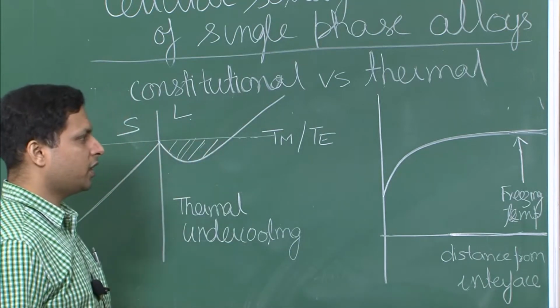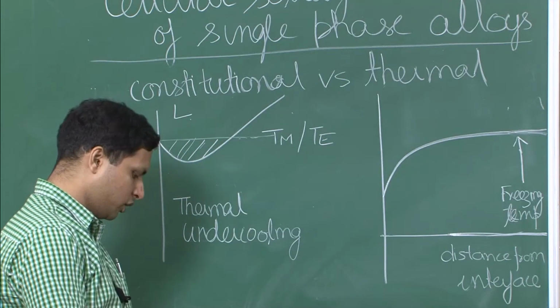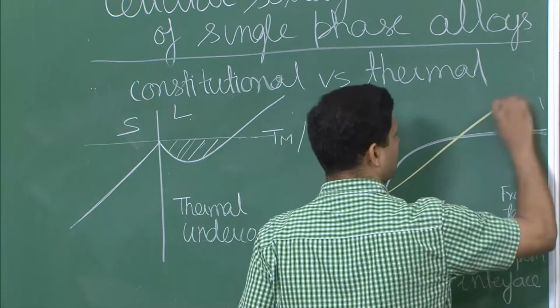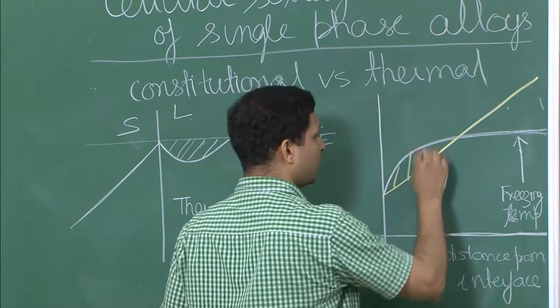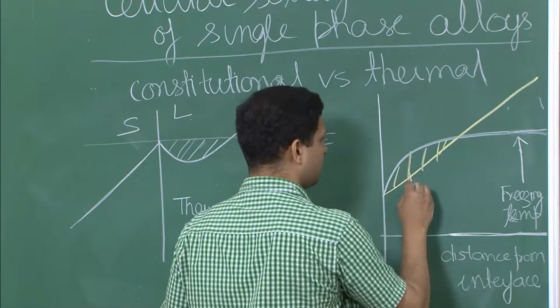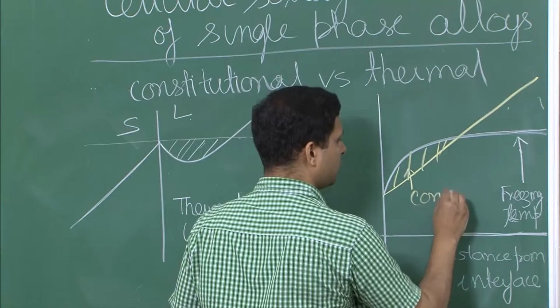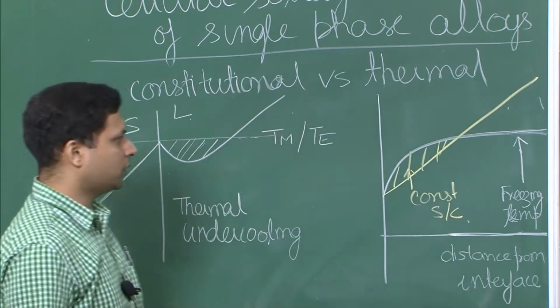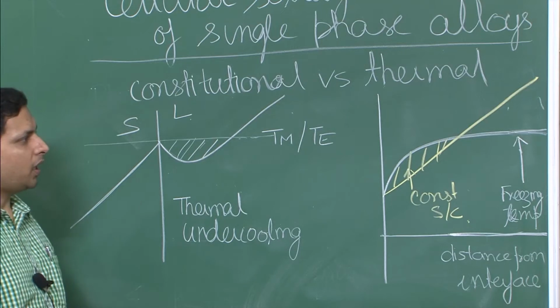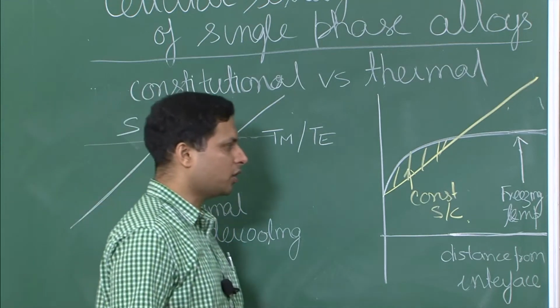The freezing temperature is changing, and your actual thermal gradient, like we drew over there, may be like this, and therefore this part is, as we said, constitutional supercooling.